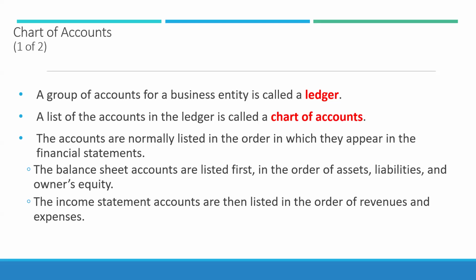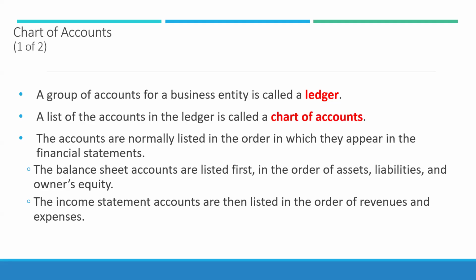So everyone's chart of accounts is going to be unique to their business. The group of accounts for a business entity we put in a ledger, and the specific accounts a company uses is called their chart of accounts. Know this, the accounts are normally listed in the order in which they appear in the financial statements.